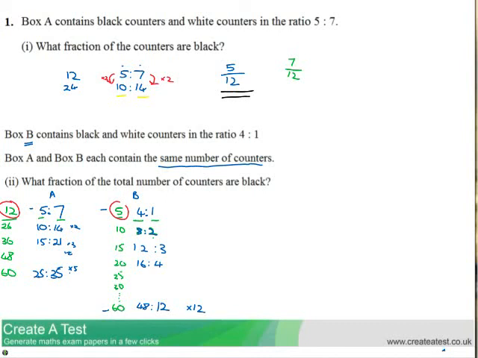So let's see where we're up to then. We've got one bag with 25 black and 35 white. That's bag A. We've got another bag with 48 black and 12 white.